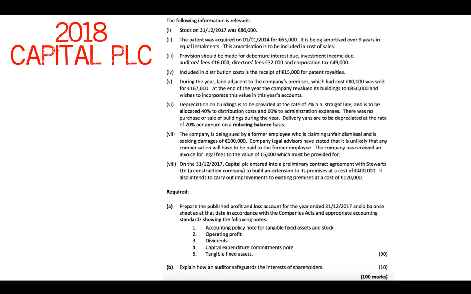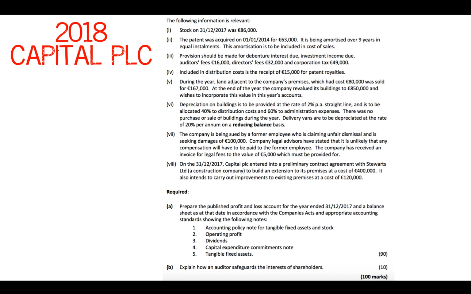Number 7, the company is being sued by a former employee who is claiming unfair dismissal and is seeking damages of €100,000. Company legal advisors have stated that it is unlikely that any compensation will have to be paid to the former employee. The company has received an invoice for legal fees to the value of €5,000 which must be provided for.